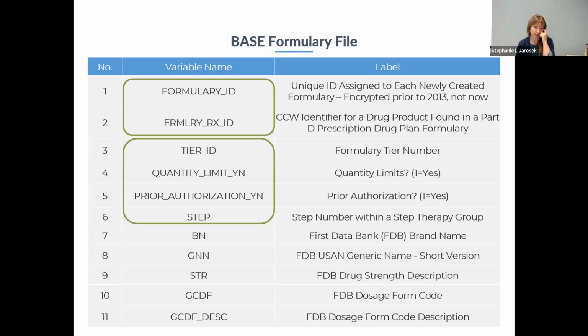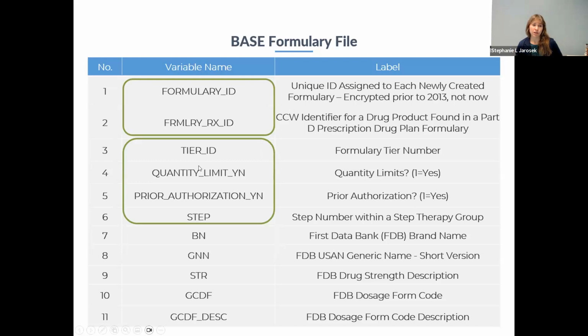Most drugs have been covered for all of Part D, but we'll talk about some exceptions with that. So it's just a matter of where they're going to fit into the plan's formulary has probably changed over time. And so you do want to make sure you're getting the particular formulary file for the calendar year of PDE, for example, that you're looking at.